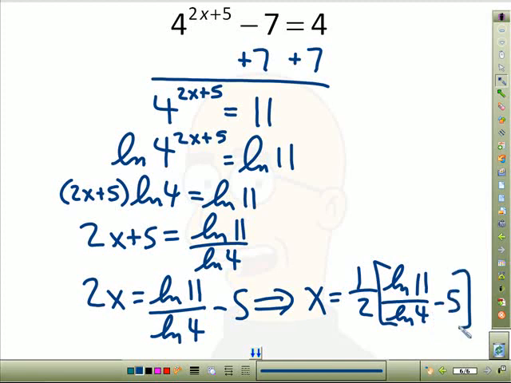That's right. We don't need to. But why? How do you know we don't need to test this solution? To make sure that we've got a defined exponential term up there. Well, remember the domain of an exponential function is all real numbers. So we can plug in any real number in and still get something defined.